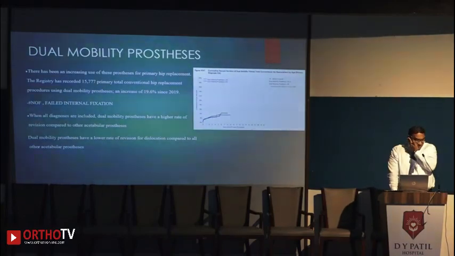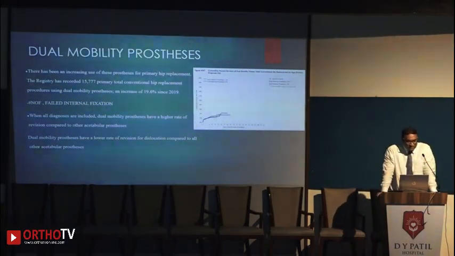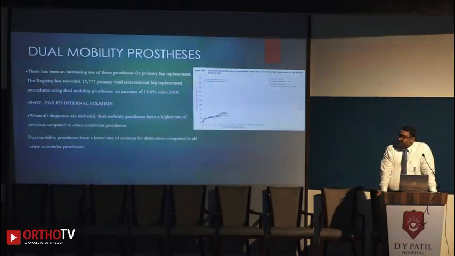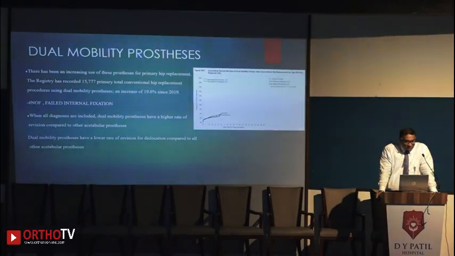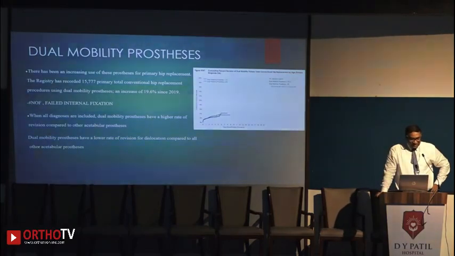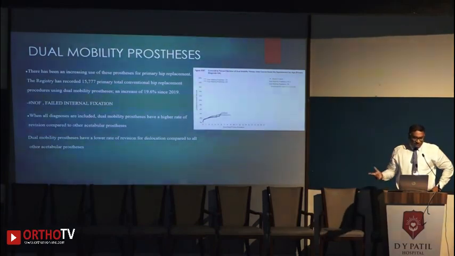So the dual mobility prosthesis is currently being popularized by various surgeons. There has been increasing use of this prosthesis. Around 16,000 hips have been recorded in their registry, which is 19.6% since 2019. Basically, they use it for neck of femur fracture or failed internal fixation.